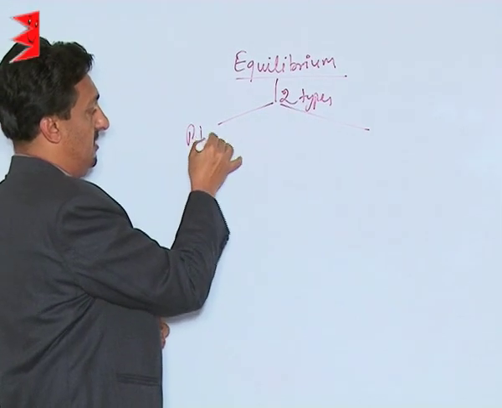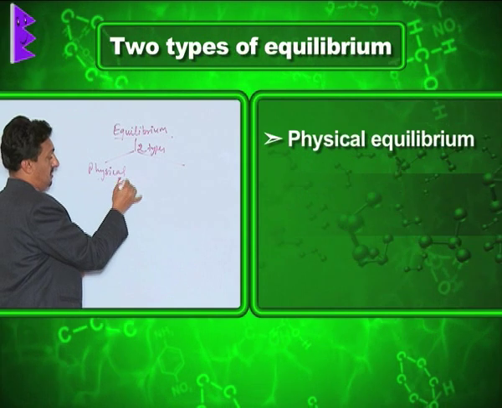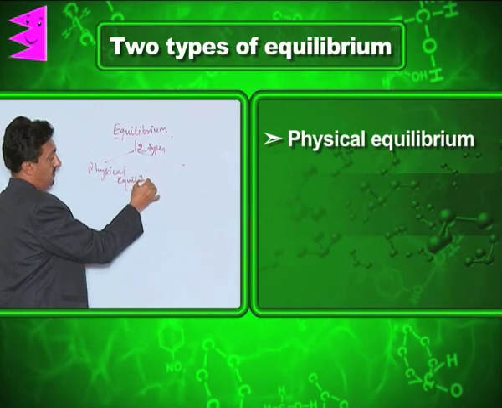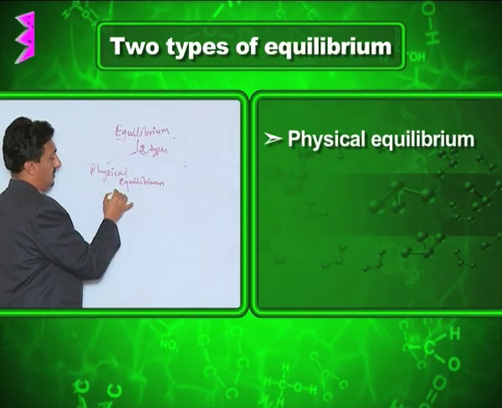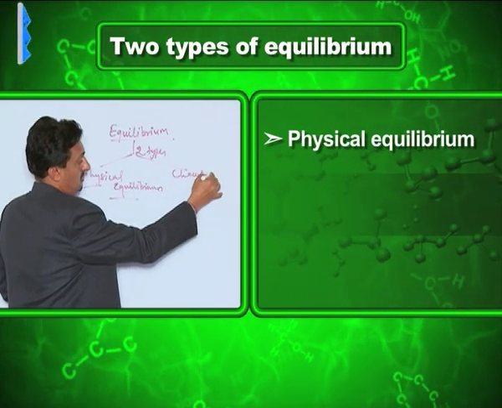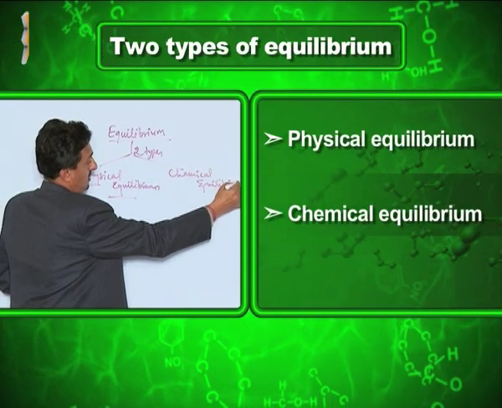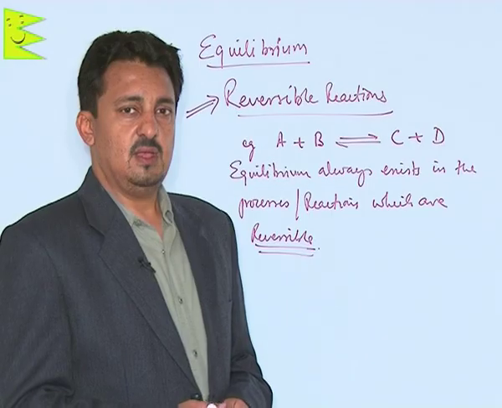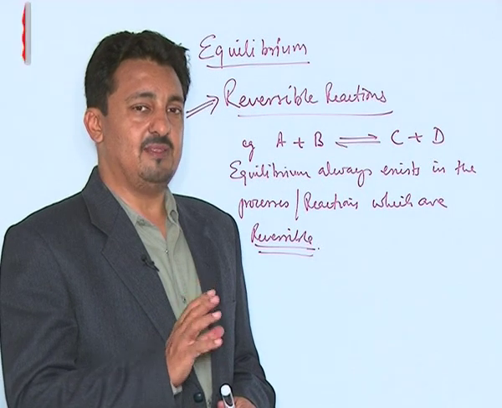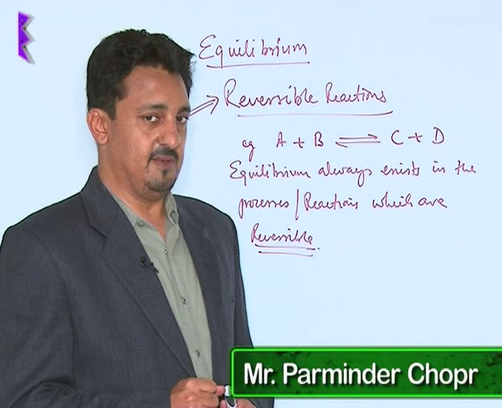The first is called physical equilibrium, and the second one is called chemical equilibrium.